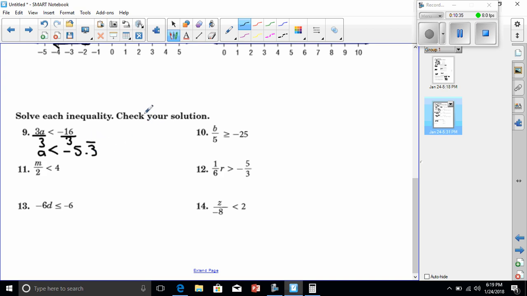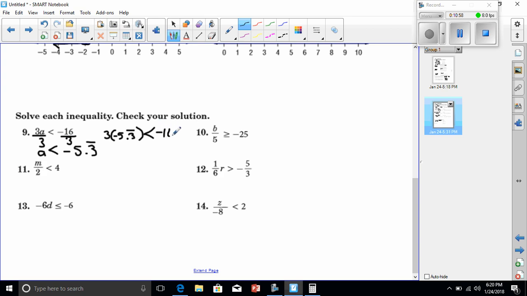Now it says to check my solution. If I check my solution, I have to plug it back in. That means I have 3 times negative 5.3 repeating is smaller than, let's see, negative 16.